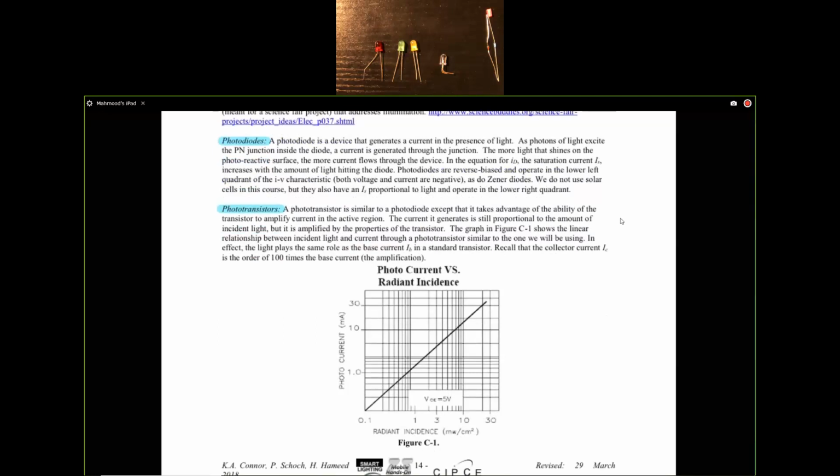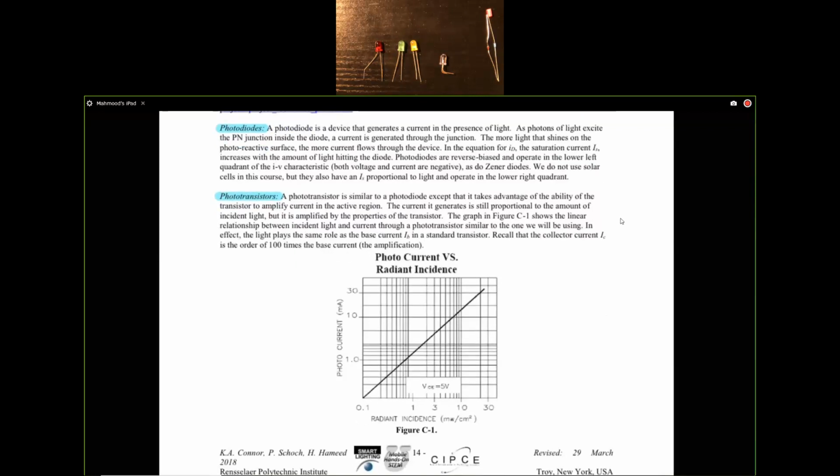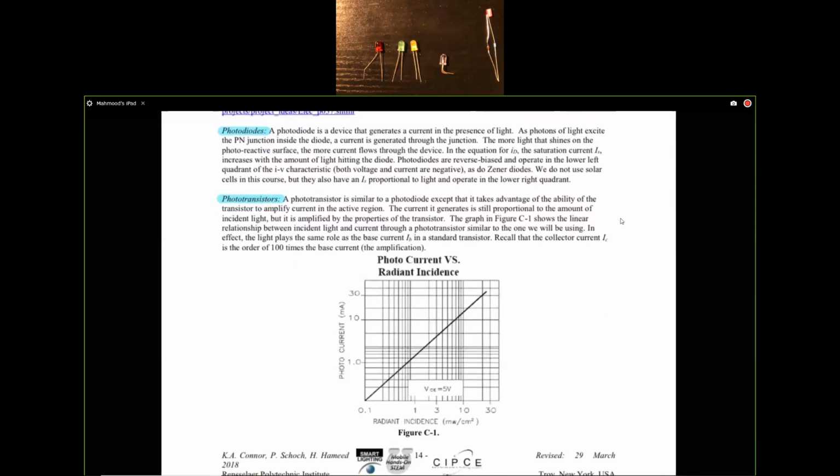Essentially, they allow current when light falls on them. Phototransistors, however, have a little bit more use. The reason why phototransistors are slightly better is because the current that flows through the transistor when there is light falling on it can be amplified.